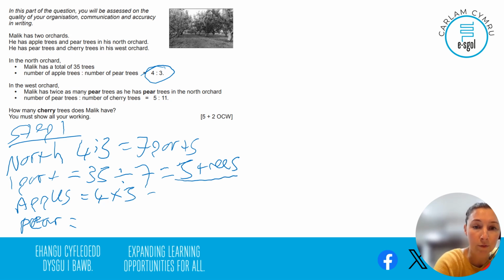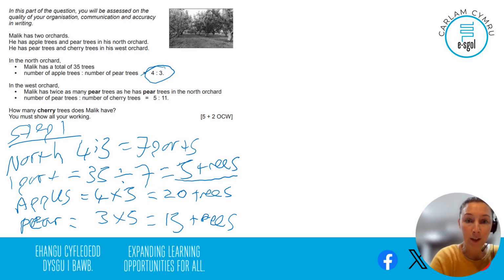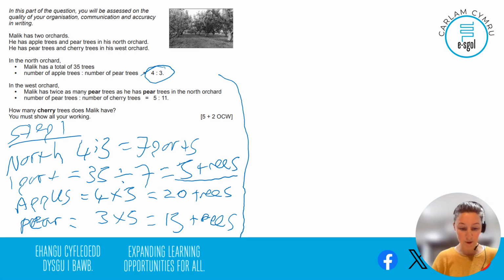So 4 times 5 equals 20. Then here it's 3 times 5 equals 15. So we have 20 apple trees and 15 pear trees. And it's simple to see, 20 plus 15 equals 35. So now we know how many trees we've got in the north of each.